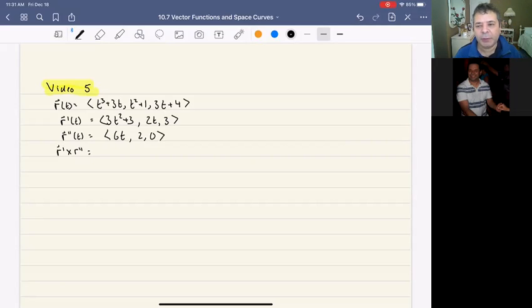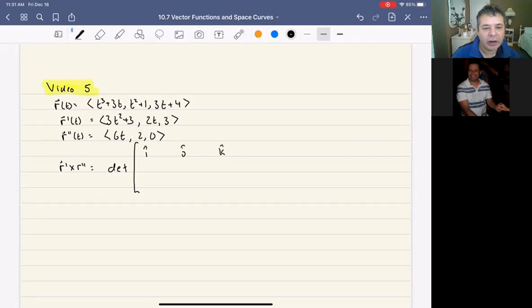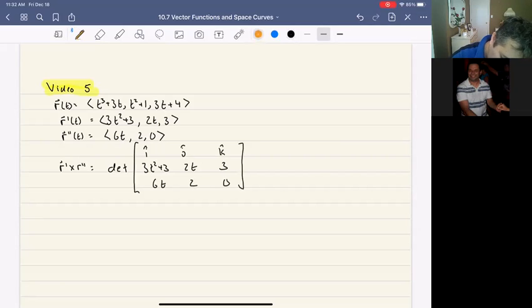And then r prime cross r double prime is going to be the determinant of i, j, k. R prime goes first. R double prime goes next. Okay.